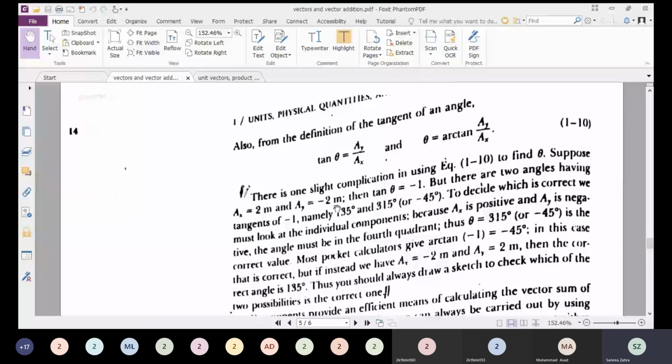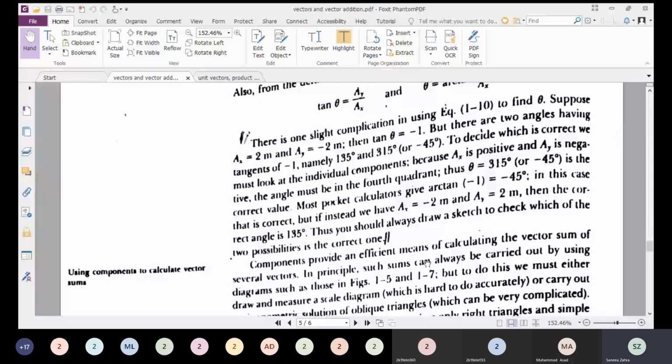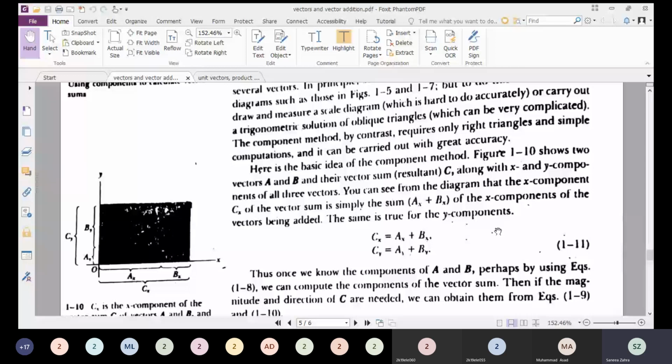Same is the case if you have two vectors, or three vectors, and so on. When you have two vectors, in order to calculate the resultant, you will add their x components and then add their y components, in order to make a single resultant.